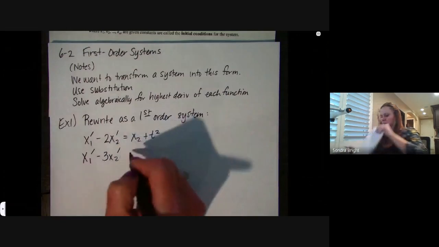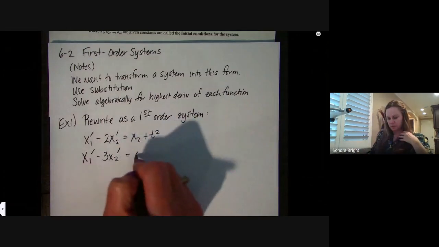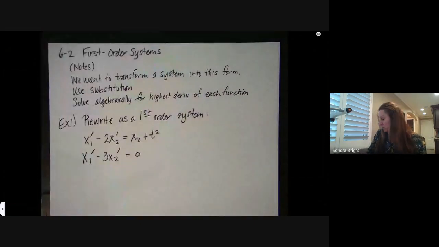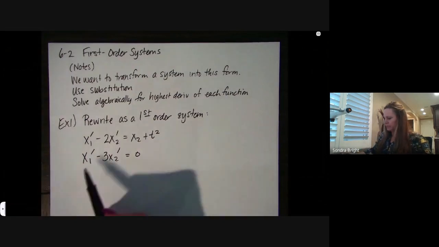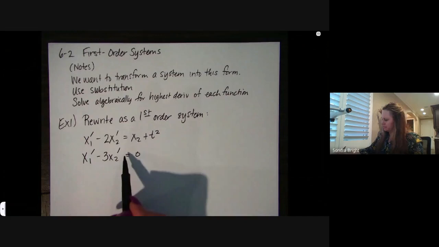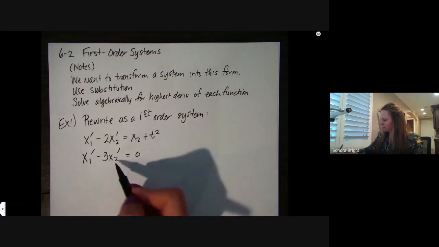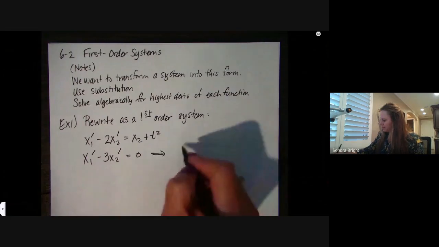Those are our two equations, and they want us to rewrite this as a first order system. So the first thing I would do is, right here, you can solve for one of these. If I solve for x1 prime, it would equal 3 times x2 prime.